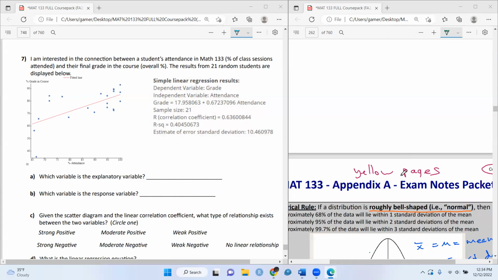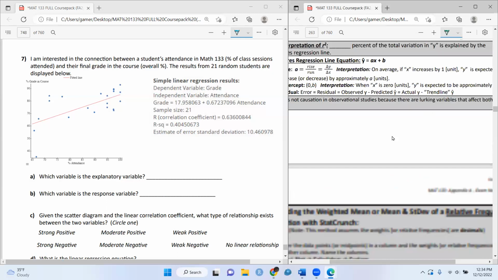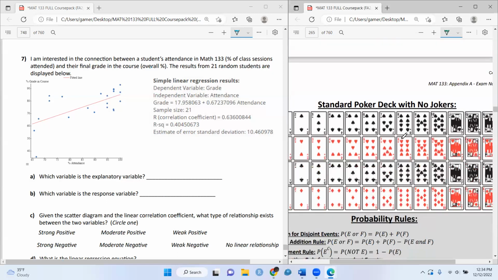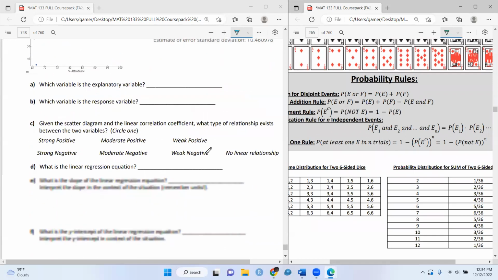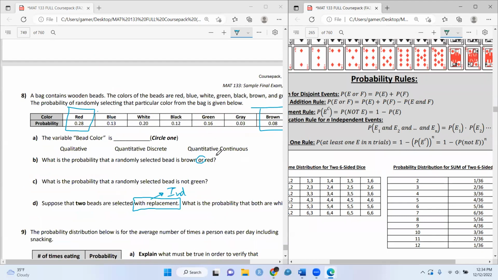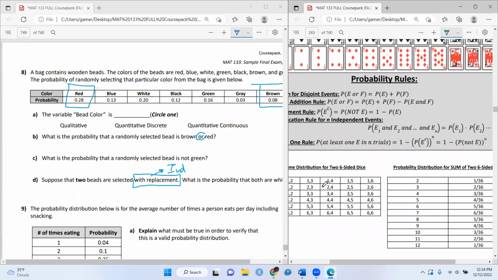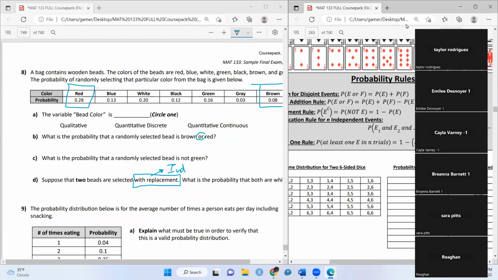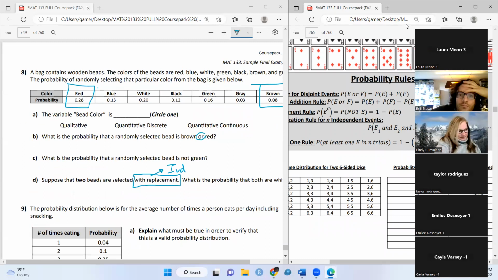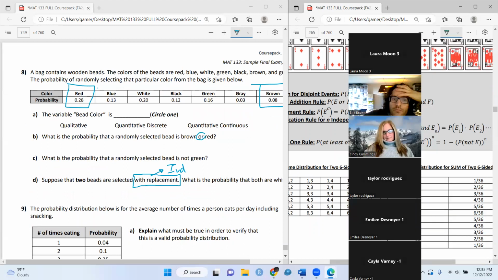I'm just trying to think. It would be 0.20, for the event.